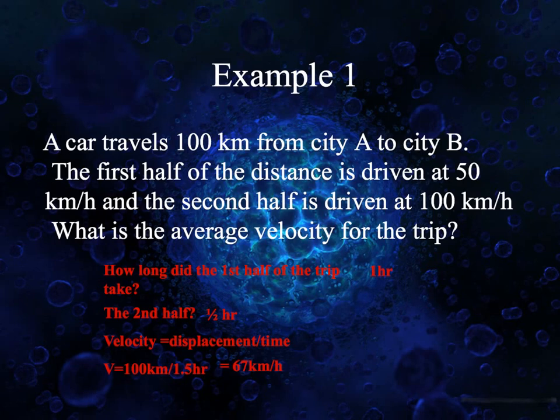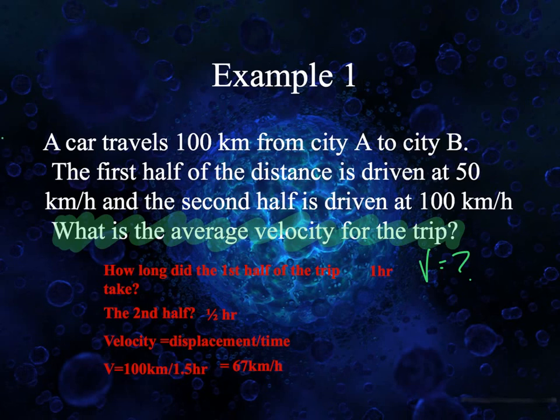Now this scenario describes a person traveling 100 kilometers from city A to B. The first half was driven at 50 kilometers per hour. The second half was driven at 100 kilometers per hour. What was her average velocity of the trip? I see that it's asking what her average velocity for the trip was, so in this case, our velocity is unknown.